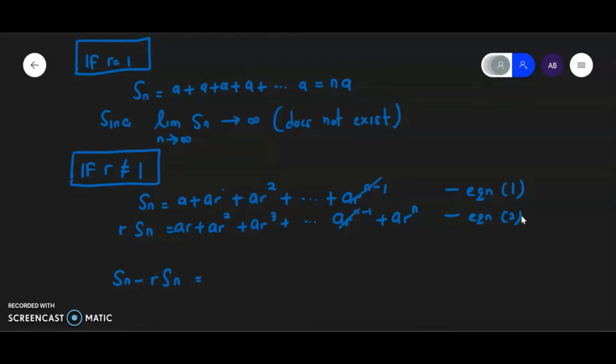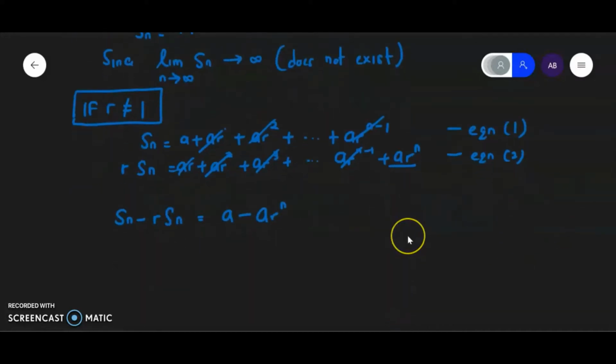This cancels out, this cancels out, this cancels out, this cancels out, leaving the first term here. So we have a minus ar to the n. Therefore, I can say that Sn times 1 minus r equals a minus ar to the power of n. So Sn equals a minus ar to the power of n over 1 minus r.